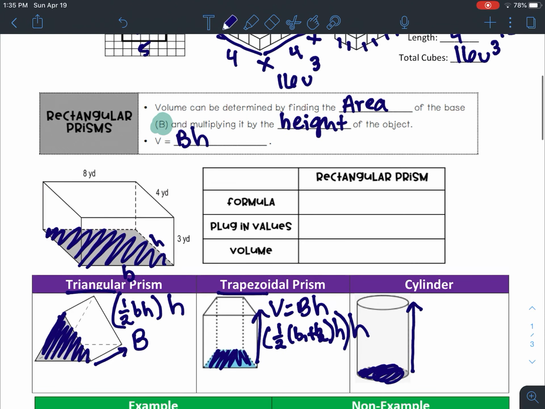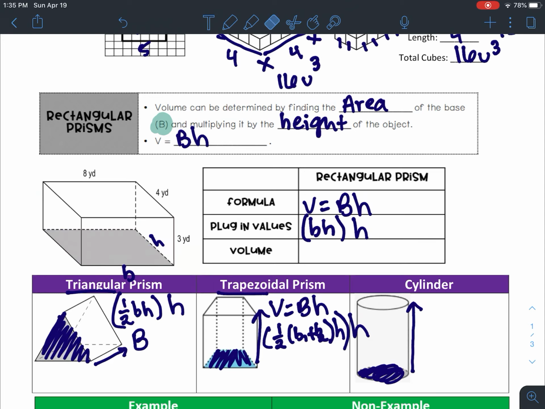So going back to our example here, our formula is volume equals big B H. Again, for big B, to find the area of a rectangle is just the base times the height, and then times the height of my actual shape. So my base here could be the 8, the height could be the 4, and then the height of my actual prism is 3.